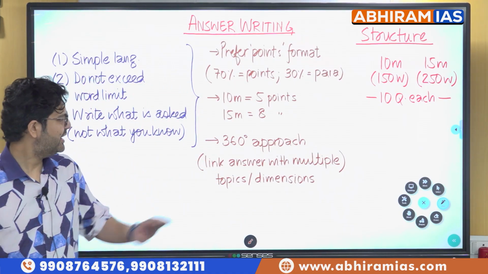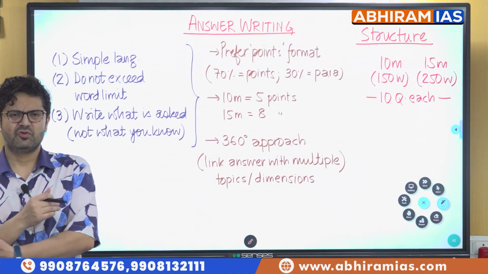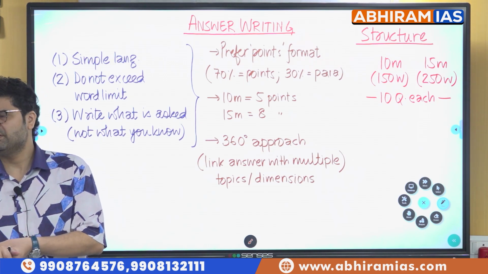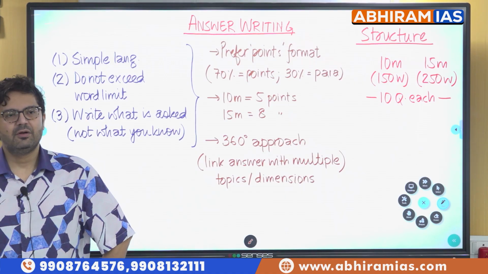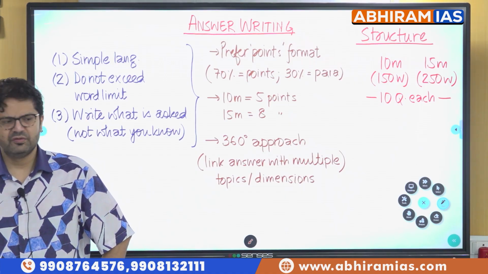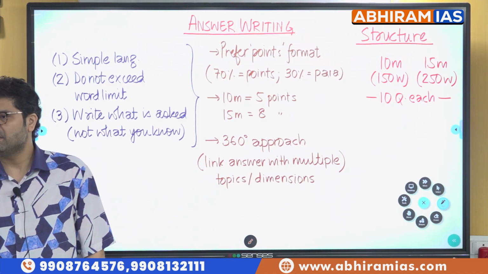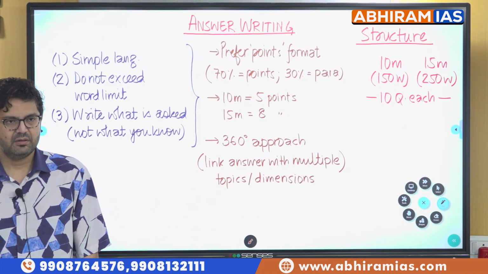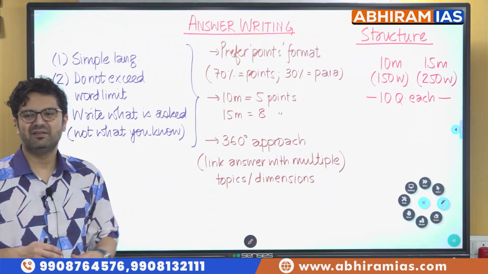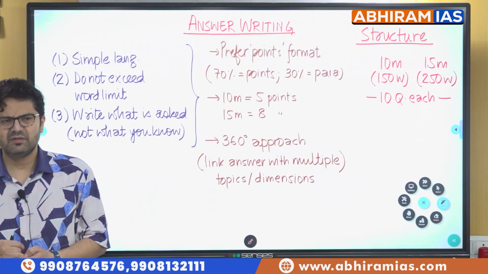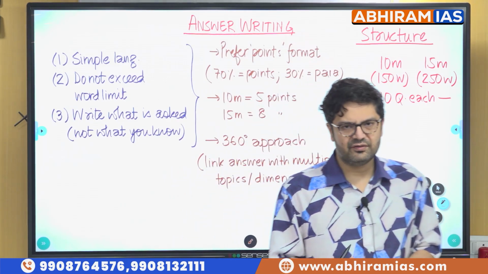So this will take some time. The more you study about social justice and economics and history, etc., you can use. So using a polity concept in social justice, using a polity concept in economics, ethics, that is called interlinkage. Is the point clear? So holistic answer writing, interlinkage, it all means this only. This will take some time. The more you study, the easier it is for you to link the answer.